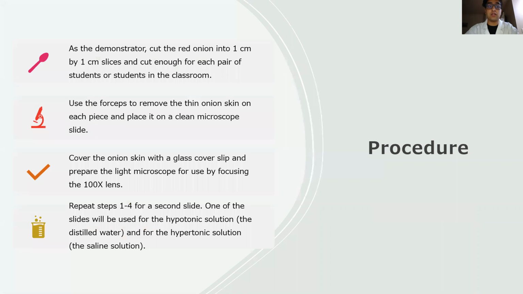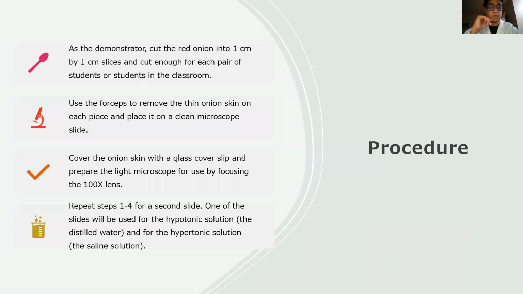Before we move on though, here's a quick procedure for what you're going to be doing in today's lab. You're going to have a demonstrator cut the red onion into 1 centimeter slices. Then you're going to use forceps to remove the thin onion skin and place it on a clean microscope slide, the one I showed you at the beginning of the lecture.